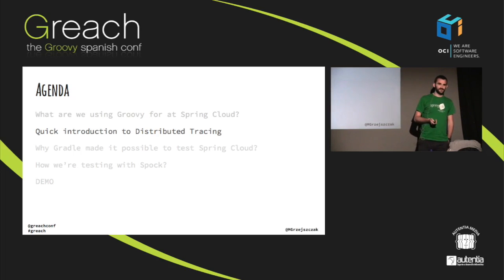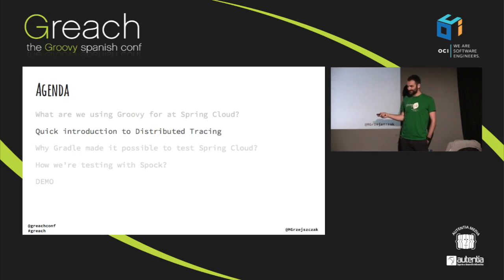And what are we testing with those end-to-end tests? So all the service discoveries that we have: Zookeeper, Consul, Eureka. We're testing integrations with the Netflix stuff, so Zuul, Ribbon, and Feign. And the brand new thing called Sleuth.